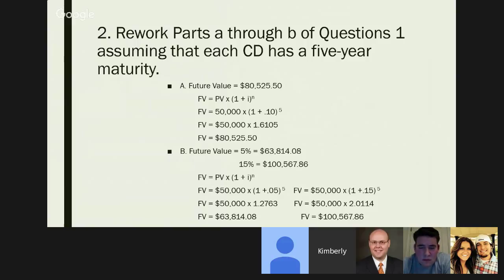So at 10%, it would come to $80,525.50. At 5%, it's $63,814.08, and at 15%, it's $100,567.86. Right, next.